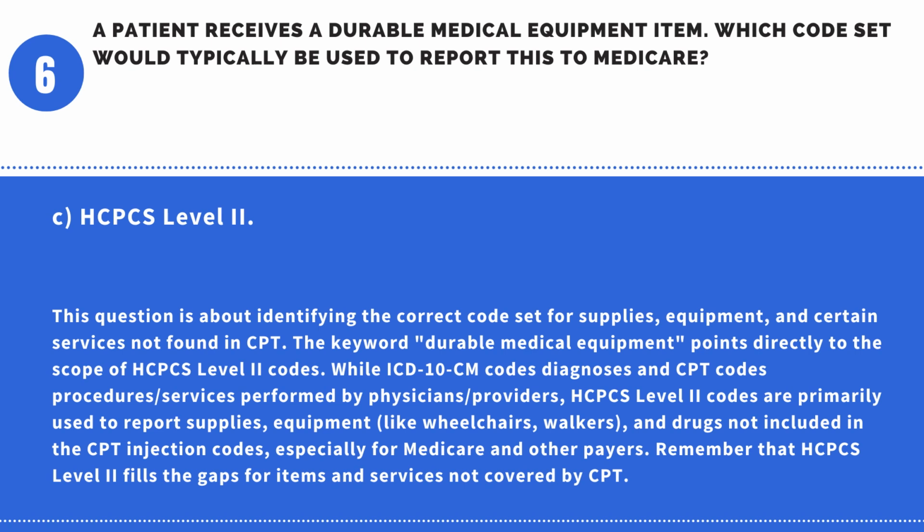While ICD-10-CM codes diagnoses and CPT codes procedures and services performed by physicians and providers, HCPCS Level 2 codes are primarily used to report supplies, equipment, like wheelchairs, walkers, and drugs not included in the CPT injection codes, especially for Medicare and other payers. Remember that HCPCS Level 2 fills the gaps for items and services not covered by CPT.